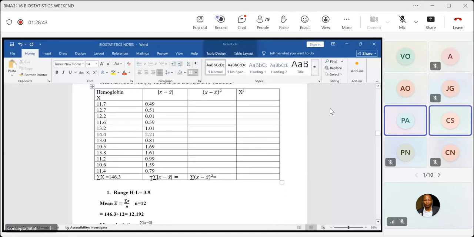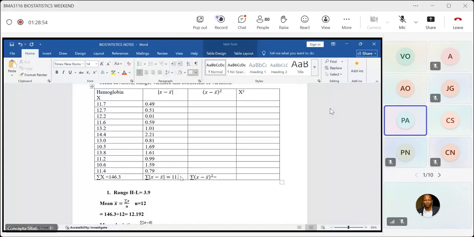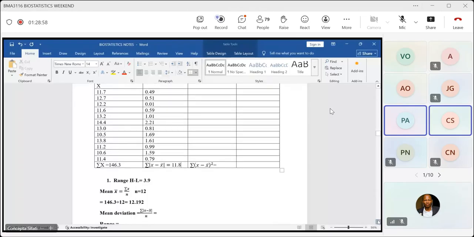What is our total here? 11.8. So we look for our mean deviation.